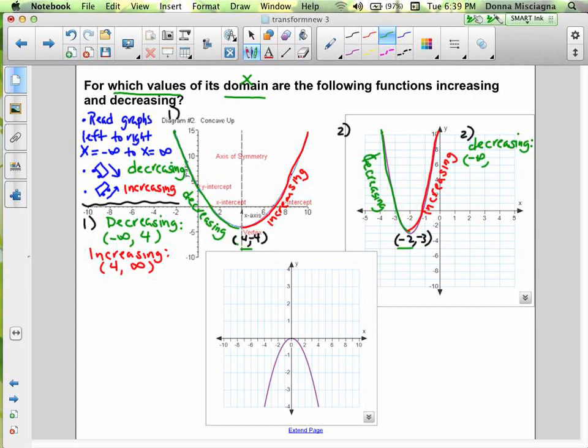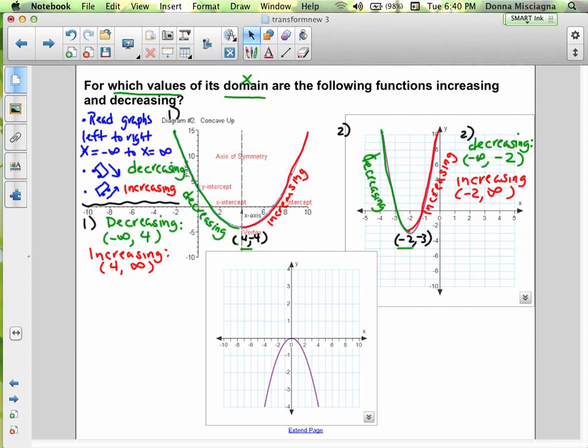It's the domain, right? So -2 is when we switch from decreasing to increasing. Right? So increasing, the graph is increasing from -2 to infinity. It's never going to stop increasing now.